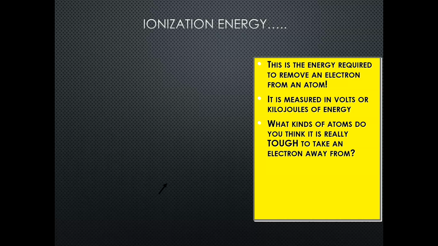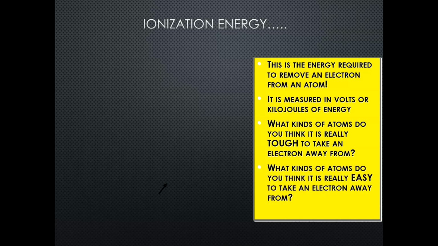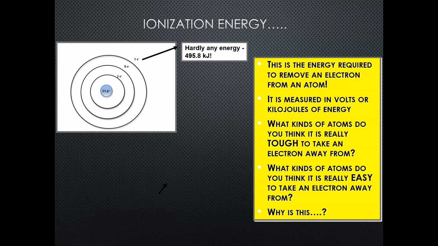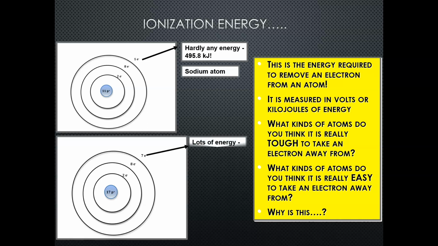Which ones would be harder? Why do you think some of them would be easy? If there is hardly any energy, it'd be easy to take it away. If there's a lot of energy in that outer level, it's going to be harder to take it away.